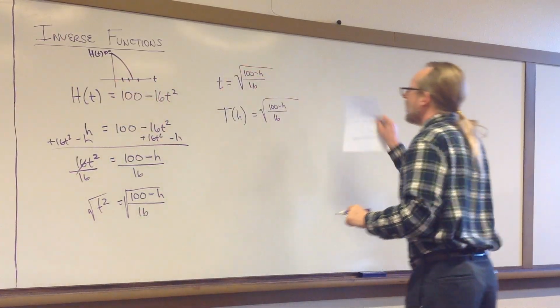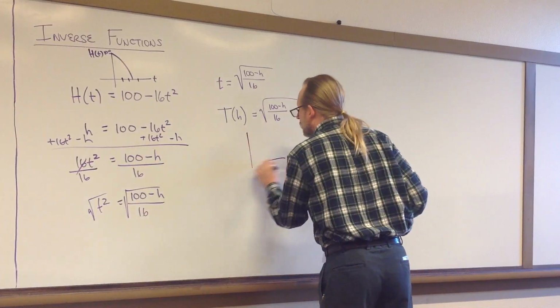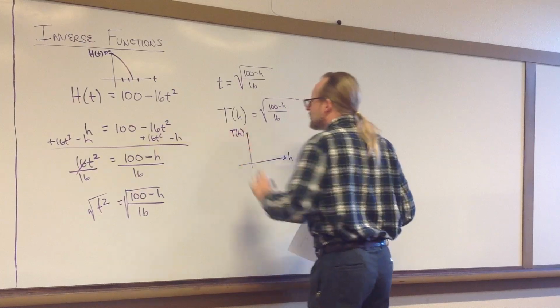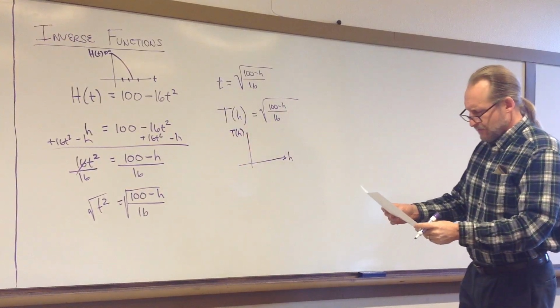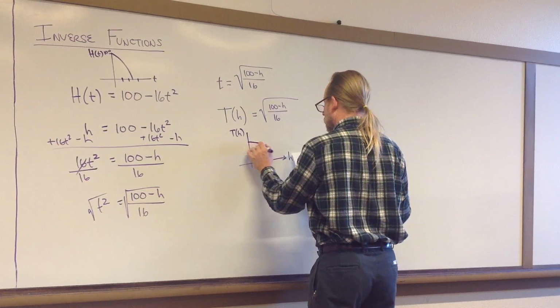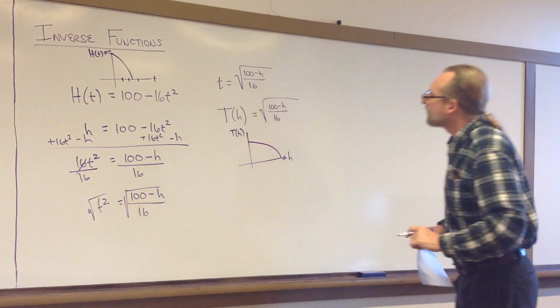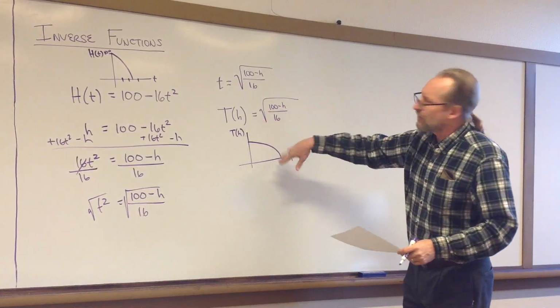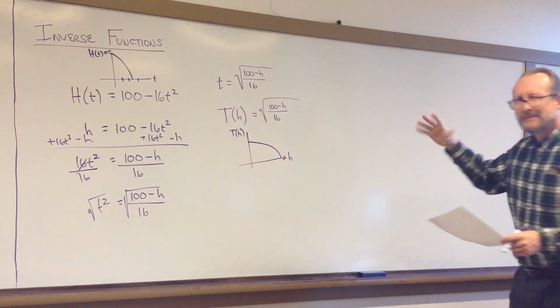Okay. Now if we do the inverse function, now the h is the independent variable, and the t is the dependent variable, and that one is going to look something like this. Okay, and this graph itself, this function itself, is not all that helpful.